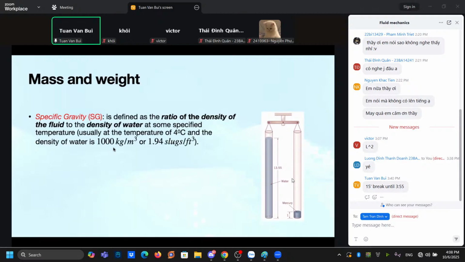Okay? Or 1.94 slugs per cubic feet. So the equation for SG will be rho, the density of the fluid we are talking about, divided by the density of water at 4 degrees Celsius. Okay.